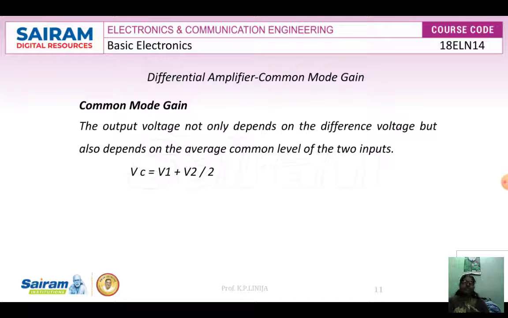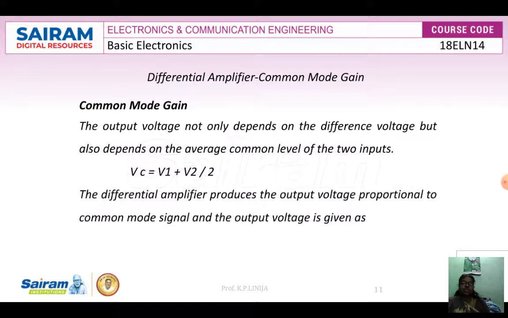Then, coming to the differential amplifier, it will produce an output voltage which is proportional to the common mode signal, and the output voltage is given as V naught is equal to AC into Vc.